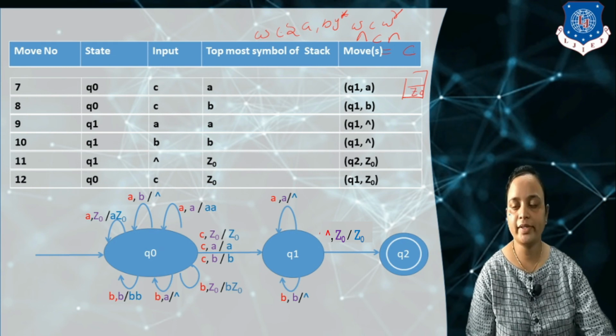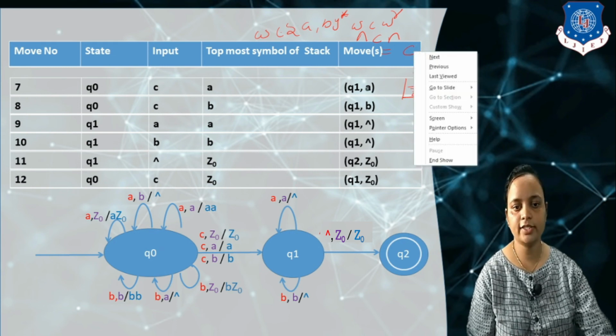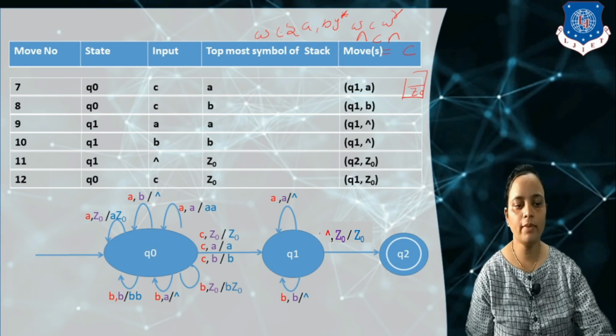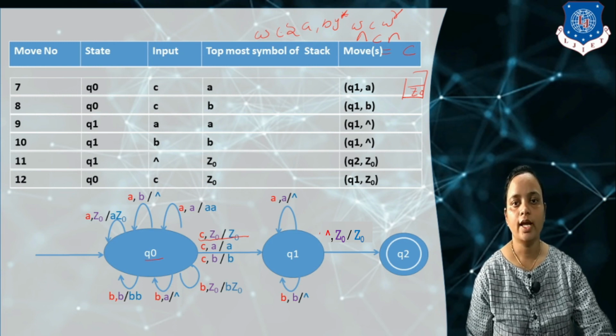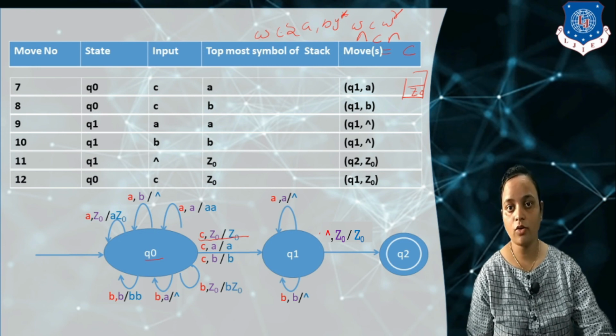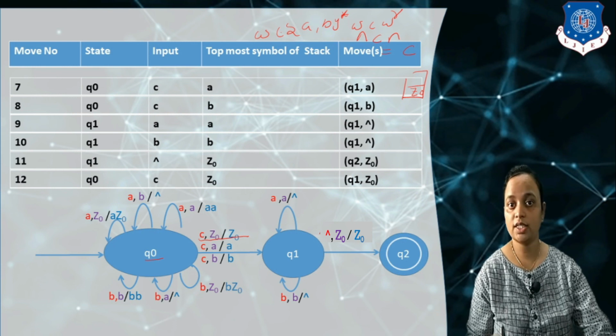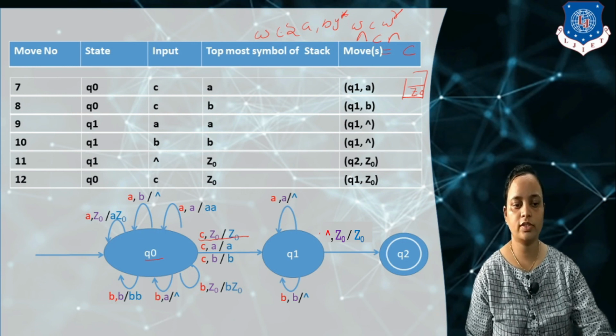If the input is c and the state is q0, what are we going to do? We just move the state. For C we are not performing any operation on the stack, just a skip. So Z0 stays as it is, just moving to q1.